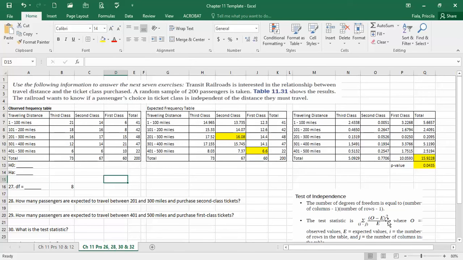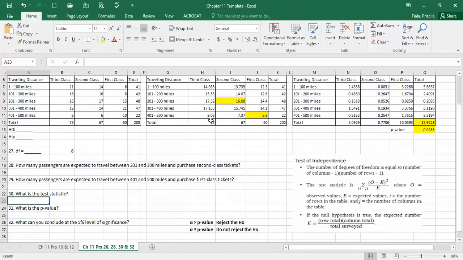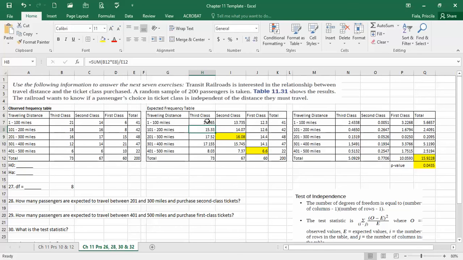Okay, so again, the test statistic would be the same process, and I'm going to go over it right now. It just changed because we are doing row times column divided by total, row times column divided by total. So let's go over here. How did I calculate the expected value right here?